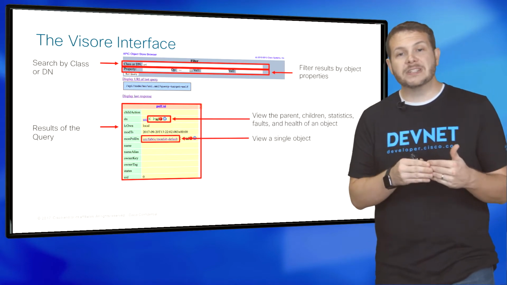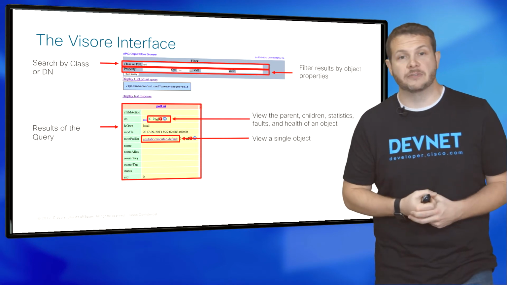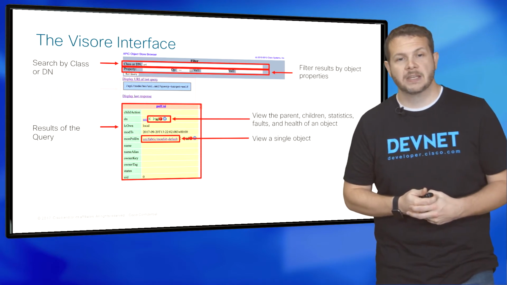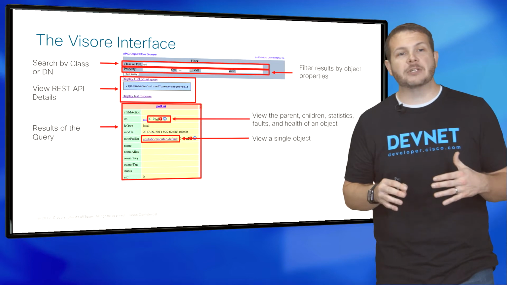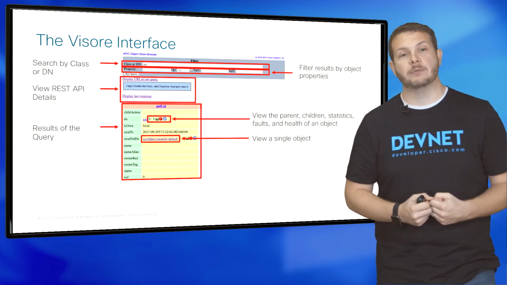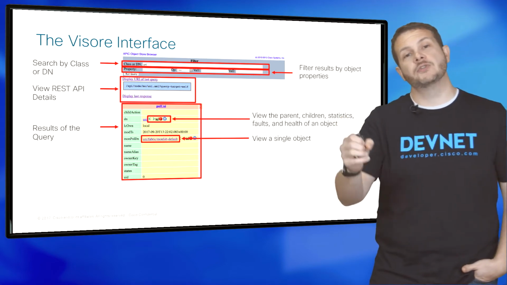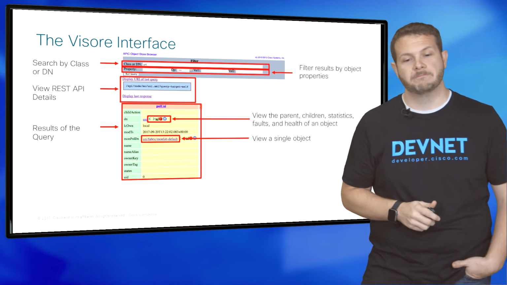We'll also see the full distinguished name and a link so that we can actually bring up that single object inside of Visori within the interface. And then lastly, we have the option to view the REST API details. We can see the URI of the last query that was run so that we can leverage that as we try to translate from Visori into other tools such as Postman or our scripts.